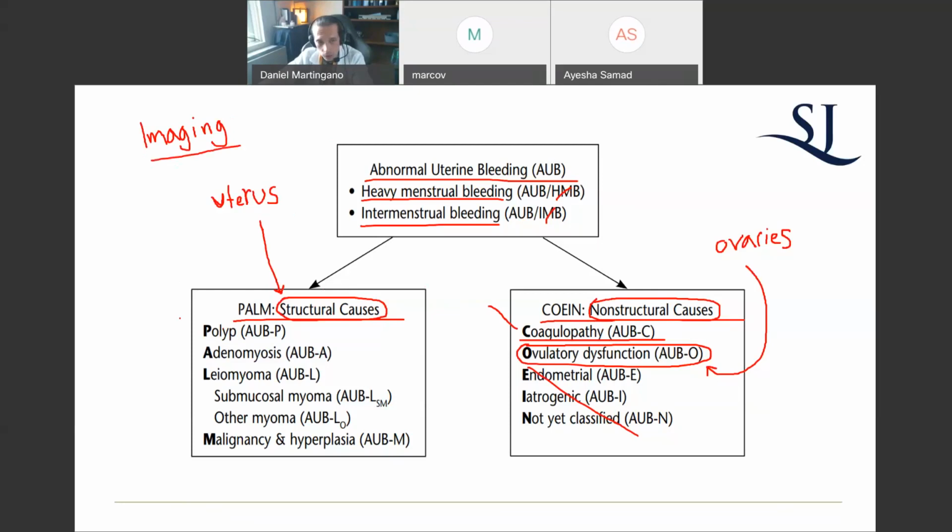And structural causes, you're looking for things like endometrial polyps, leiomyomas called fibroids, adenomyosis, which is endometriosis, but when it's localized to the myometrium. The endometrial tissue is the cavitary cells, which respond to the menstrual cycle. The myometrium is just the muscle of the uterus.